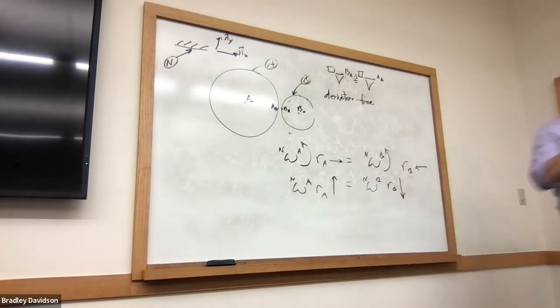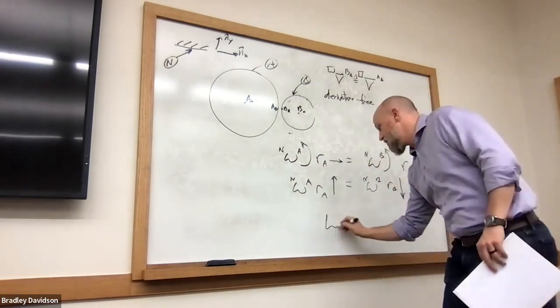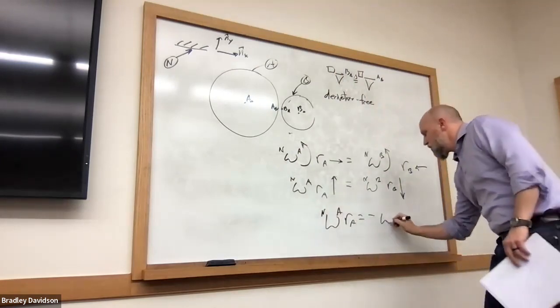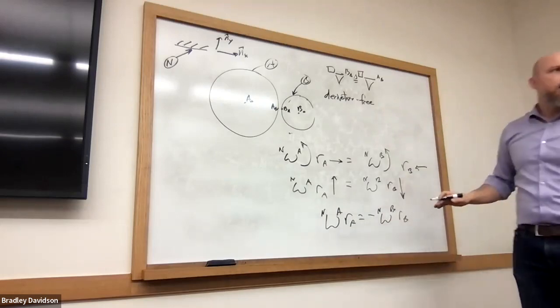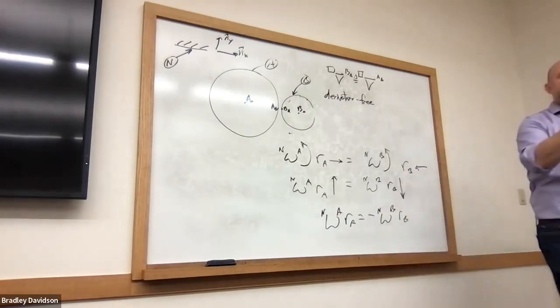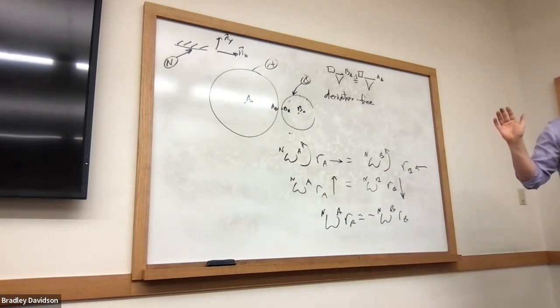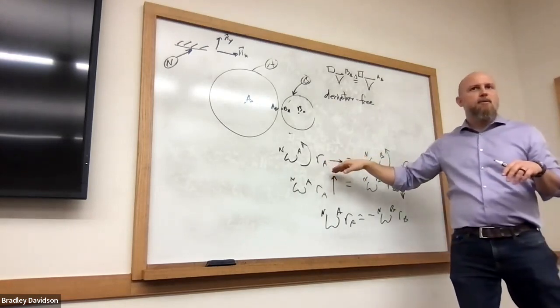Okay, and so if that's the case, then we're seeing that these two are in opposite directions. So we see that it's omega N to A RA is equal to negative omega N to B RB. Okay, so instead of using our NX, AX, AZ, our bases, we're just given directions. Right, and now we have vectors here.